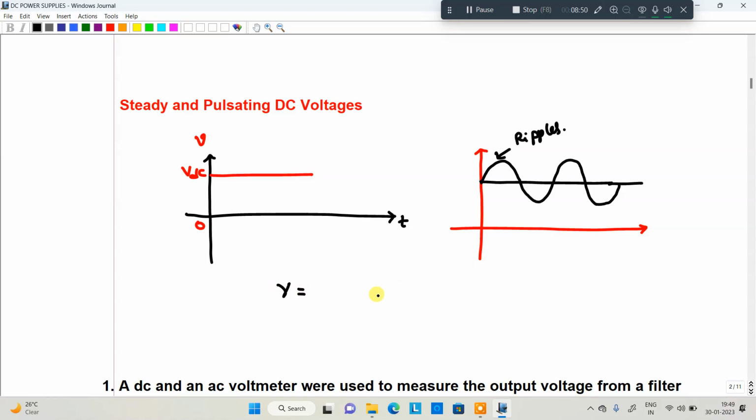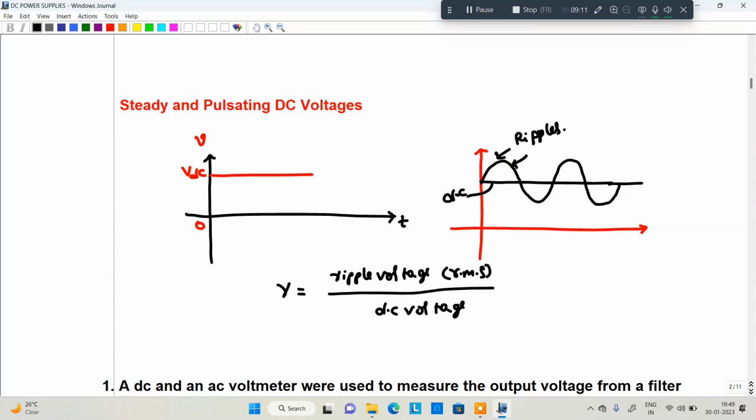Ripple factor gamma is equal to ripple voltage RMS, that is the AC RMS here, divided by the DC voltage. So in this particular case, this is the DC voltage. This is the ripple factor of this particular circuit.